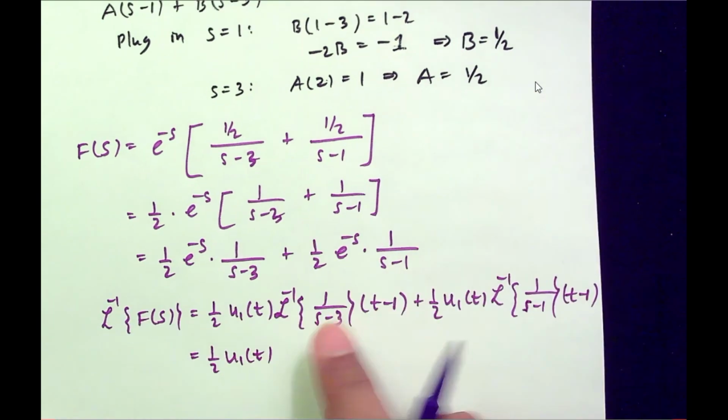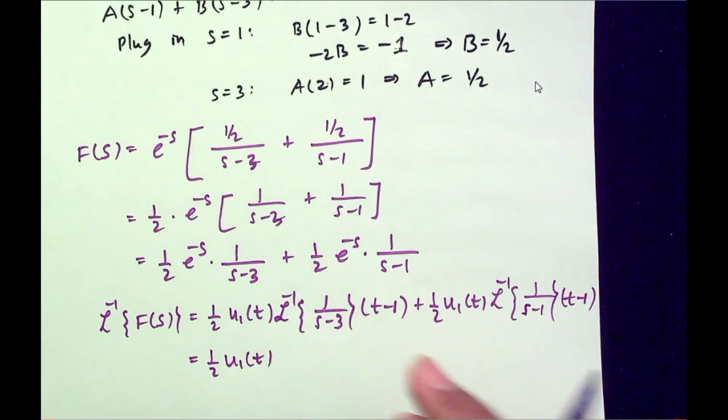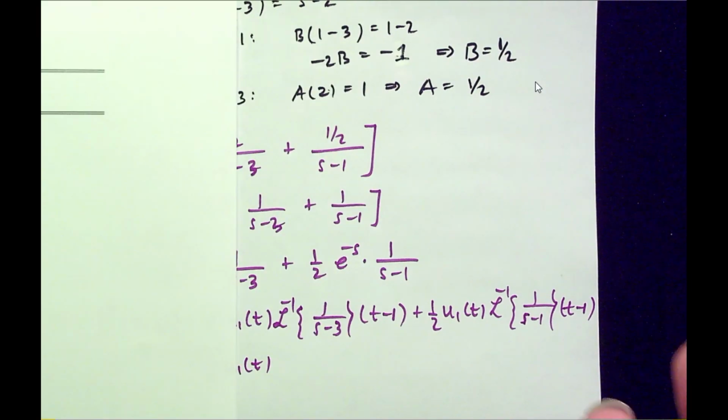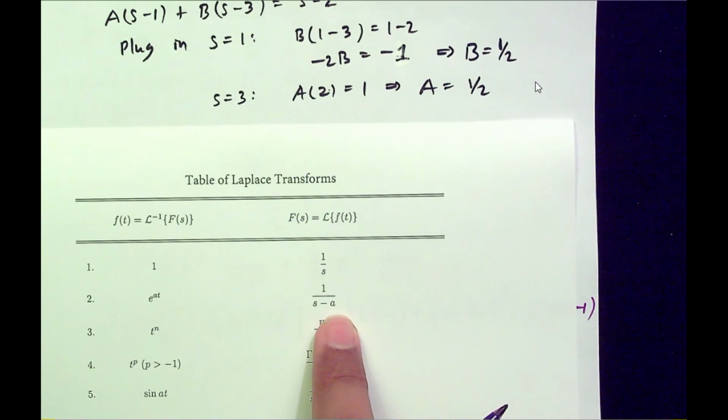Okay, almost done. Now let's look that one up. Laplace inverse of 1 over s minus 3 is number 2 right here, where a equals 3.